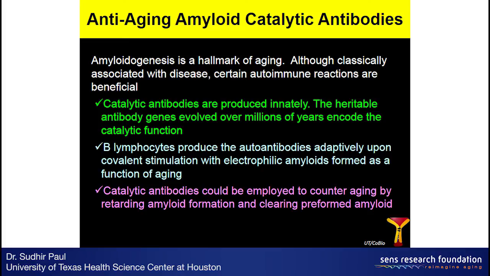The synthesis of the autoantibodies appears to be adaptive because of the age dependence, and there is some data that the electrophilic amyloids are the stimulus for production of the antibodies. Now, these autoantibodies, we think, act naturally as an anti-aging mechanism, but we get amyloid disease nonetheless despite the antibodies.